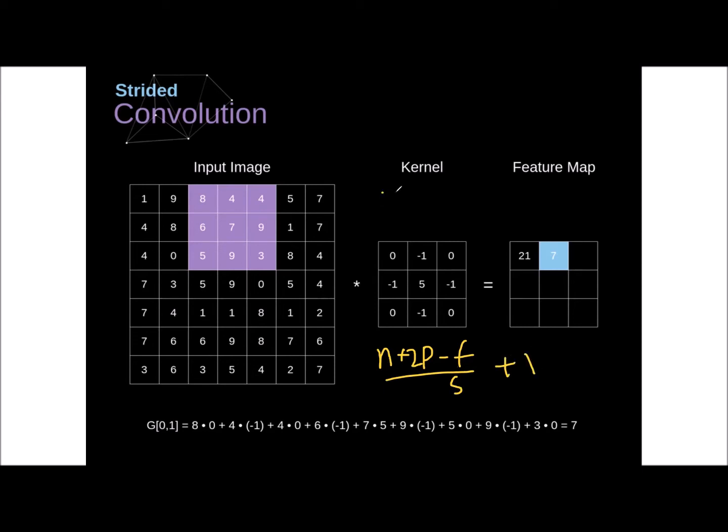Here n is 7 plus 2p, which means 0, minus f which is 3, divided by stride 2, plus 1. So it is 4 by 2, 2, 2 plus 1, 3. So we are getting a 3 by 3 feature map. Now you see the result.